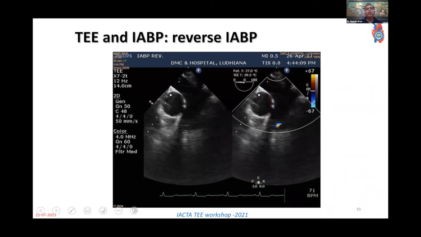This is a rare picture where a patient had a complete block of the descending abdominal aorta, and we put an IBP from the axillary artery. So this is aortic short axis view.